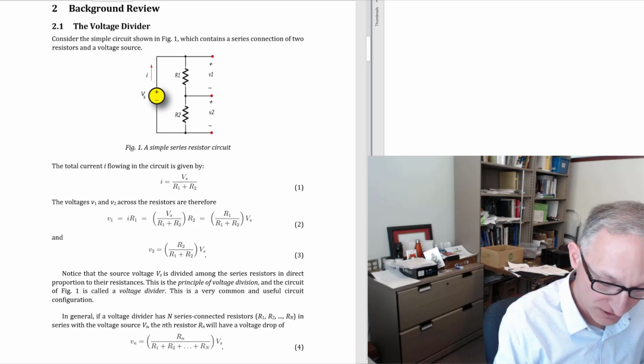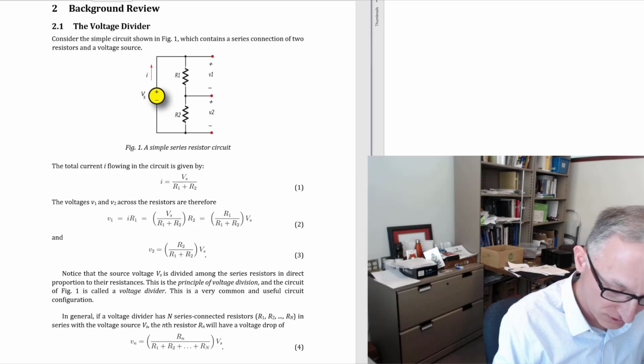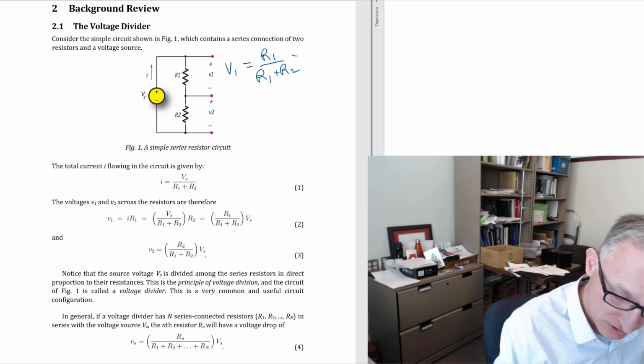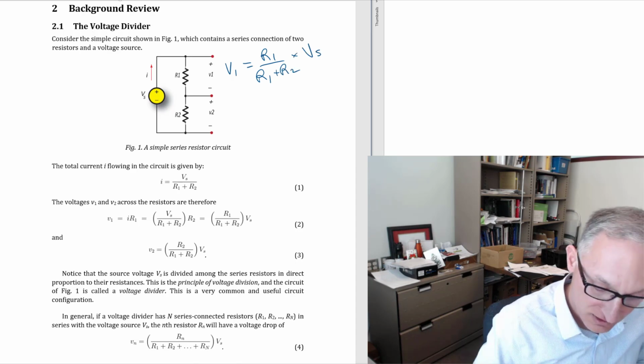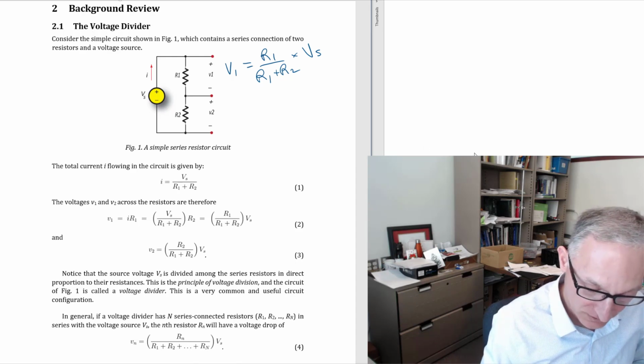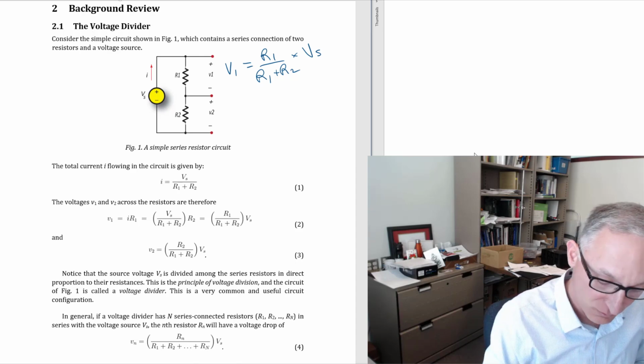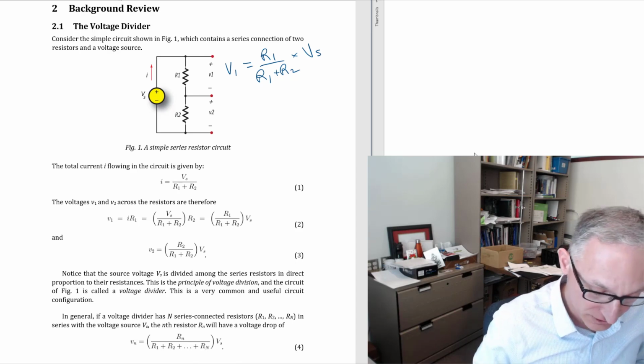So if we wanted to find the voltage V1 in this circuit, V1 is going to be equal to R1 over R1 plus R2 times Vs. Okay, so that is a proportionality of Vs with the resistor combinations.